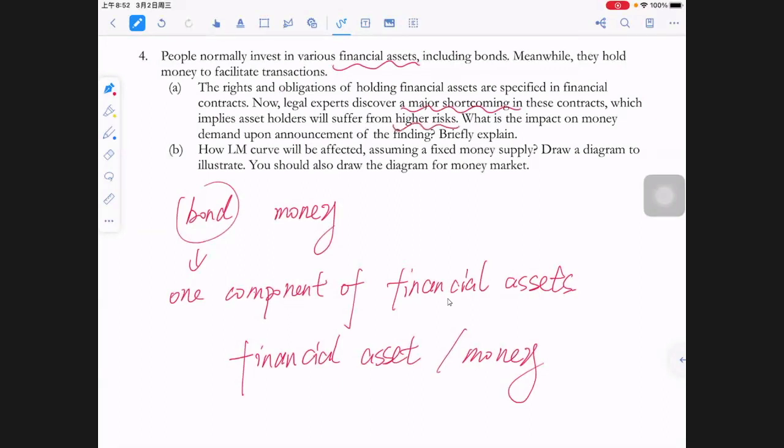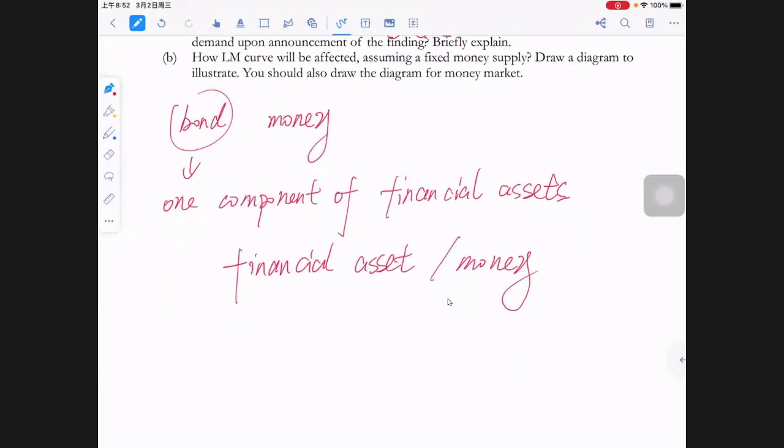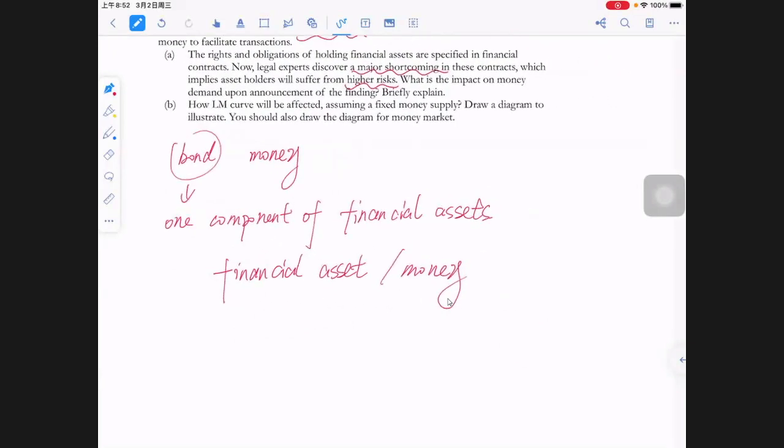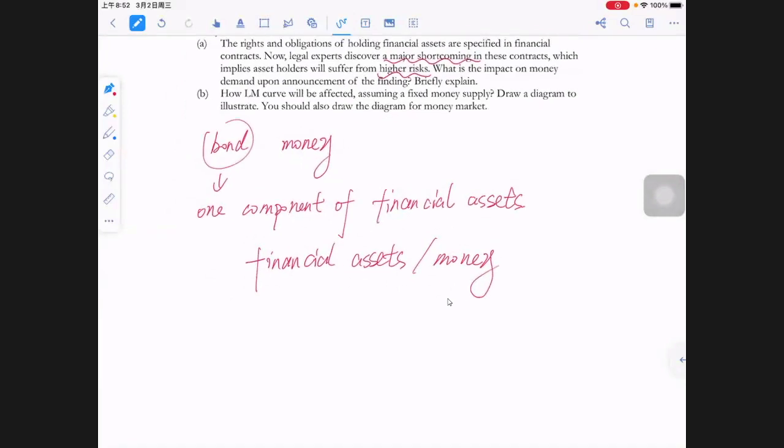Then what's the impact on the money demand upon an announcement of the finding? Then, as I said, people have two choices: either hold financial assets or hold money. And now, a higher risk of the financial market or financial assets will lead to a decrease in the demand for these assets.